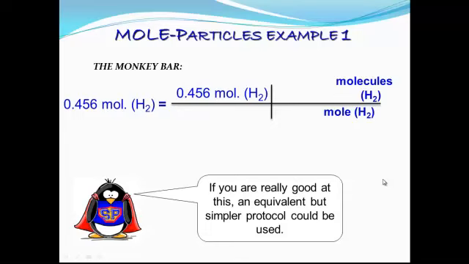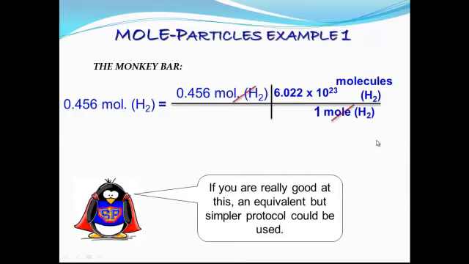Then you say, oh, I know I can actually fill in the blanks with 1 mole of hydrogen gas will have 6.022 times 10 to the 23rd molecules of hydrogen. And very, very importantly, as you can see, this part is a conversion factor, and it is exactly 1.